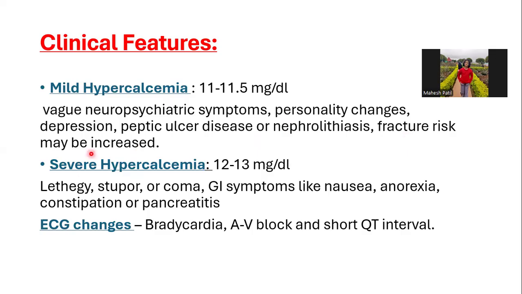But in severe hypercalcemia, more than 12 to 13 milligrams, there will be lethargy, stupor, coma, GI symptoms like nausea, anorexia, constipation, or pancreatitis. ECG changes in hypercalcemia include bradycardia, AV block, and shortened QT interval. So an ECG can also give an idea whether there is hypercalcemia or hypocalcemia.